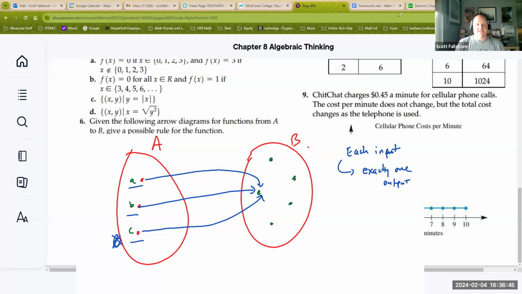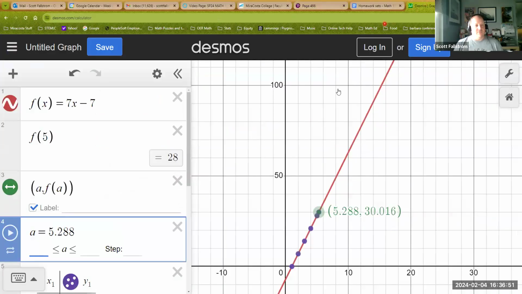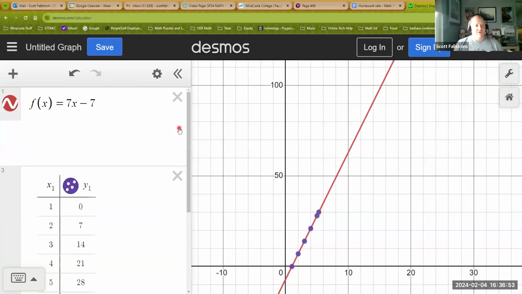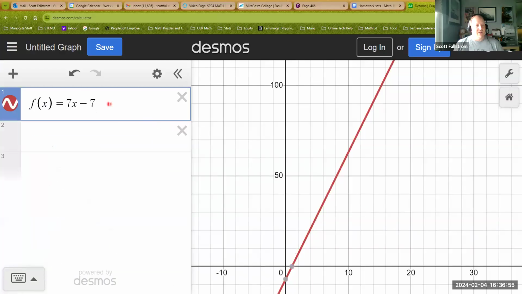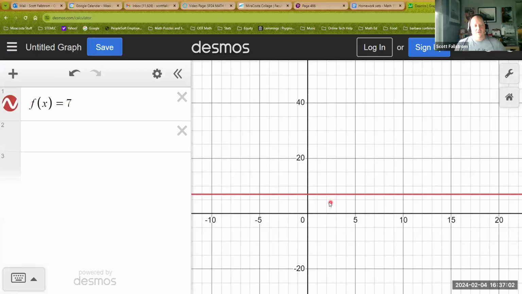Now there is a little bit of a distinction. Let me go back. If you're okay with it, I'll show it to you on Desmos to kind of illustrate that, because sometimes that can be helpful. So let me cut everything else out of here. Okay, so watch this. f of x equals 7. So if you put an input of 3, what's your output? 7. Put an input of 5, what do you get? 7. f of 17? 7.